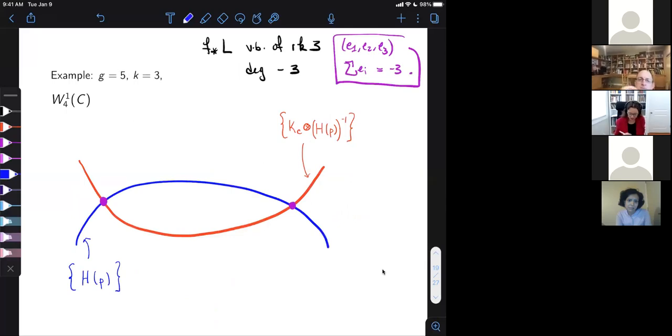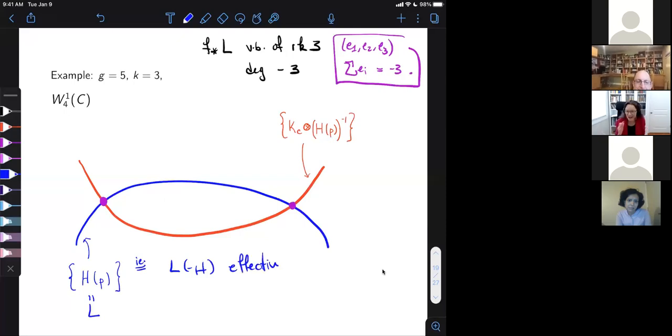Okay, so let's look at this blue component first. Those are line bundles L of the form H, the pullback of O(1) under the trigonal map, twisted up by a base point. The defining property of being in here is that if you take L and you twist down by H, it's effective.